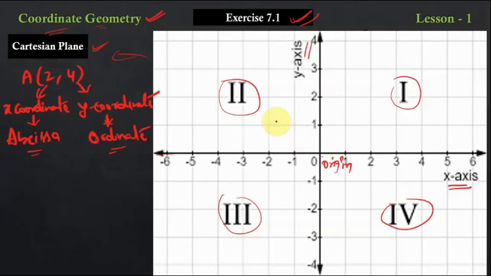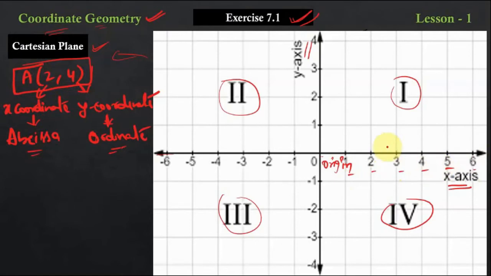Okay, now so how do we represent this point on the Cartesian plane? Now we'll see that. See, simply first one is on x coordinate, isn't it? If you observe from origin, if I move towards right side on the horizontal line, all the numbers I get are positive numbers.